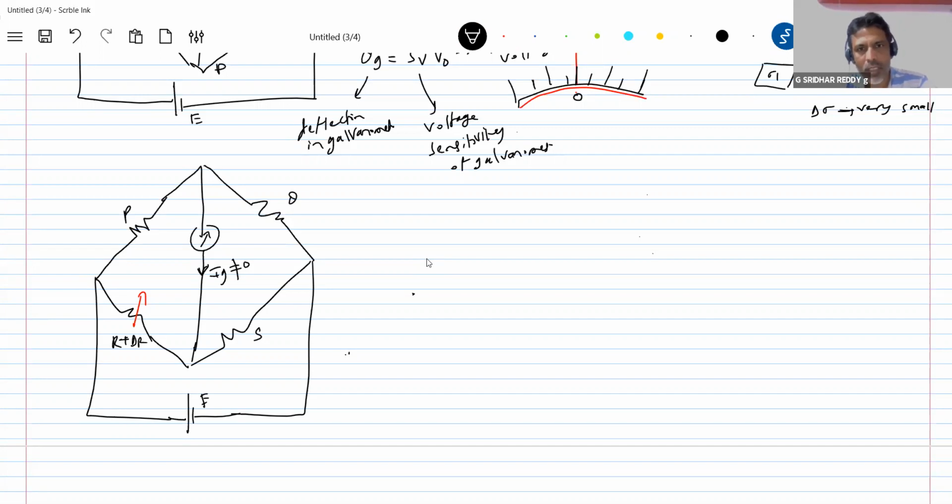And next, what is that V naught? I should give you the condition for V naught. So what I do is pick up a galvanometer of some resistance. If it's a very high resistance, then how do we replace it? I'll replace the galvanometer with an open circuit.